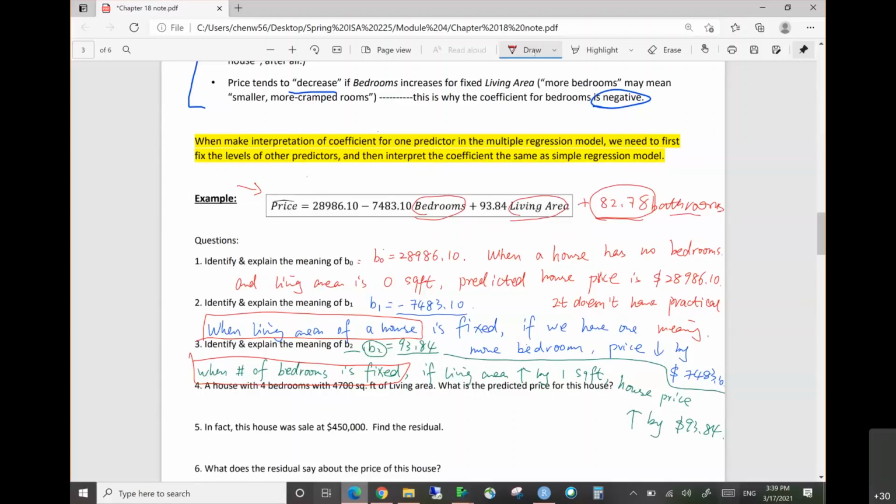Got the idea? So you always need to control the levels of all other variables, and then you can focus on your own variable, the one you want to interpret.